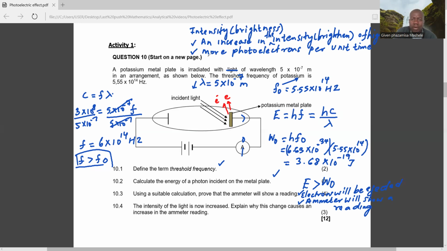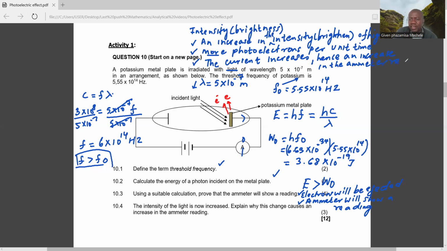And if there are more photoelectrons per unit time, it means the current increases, hence an increase in the ammeter reading.